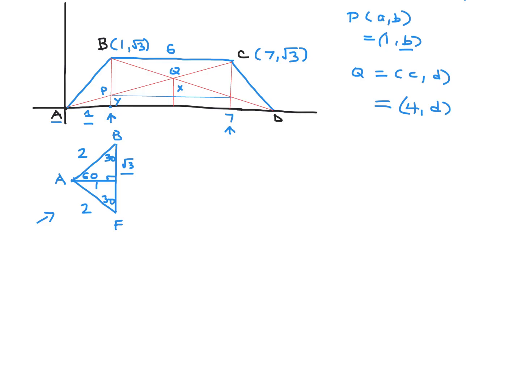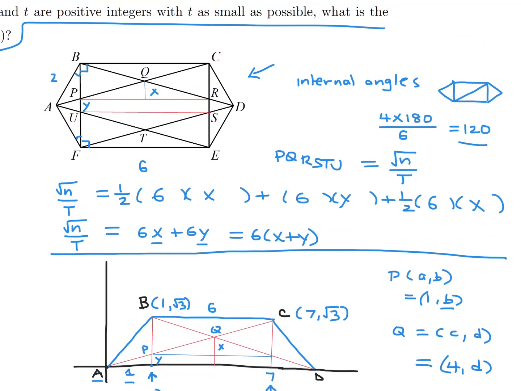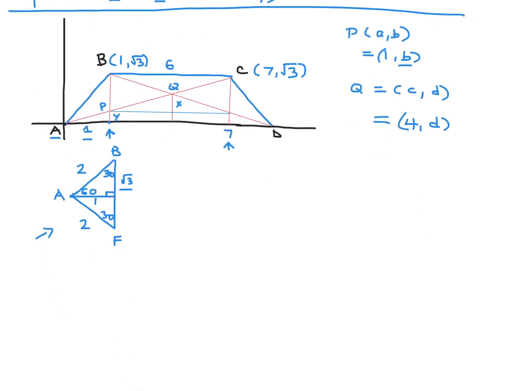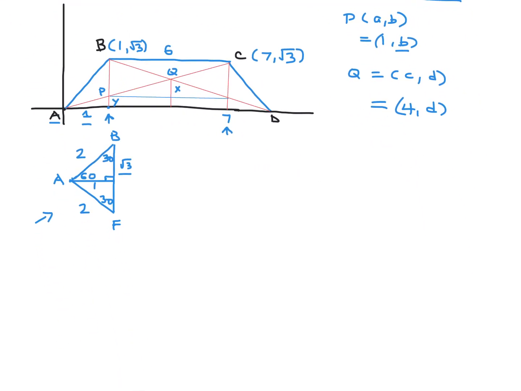You got it? And then based on where I labeled the x and the y in this diagram up here, I labeled x and y exactly the same in this diagram. So therefore x would actually be d minus b according to what I have labeled. And the y is going to be, I guess, just the y-coordinate of P, I think. Yeah.